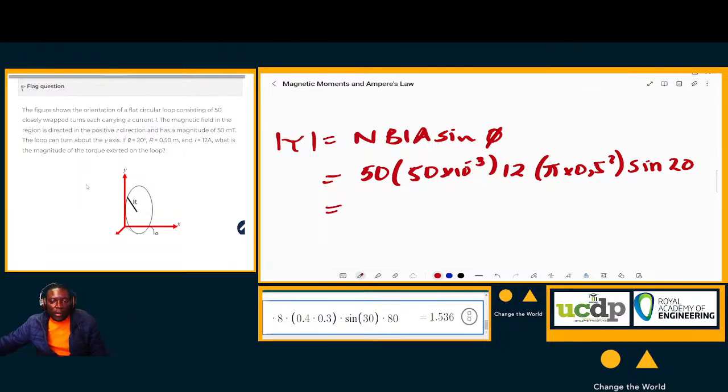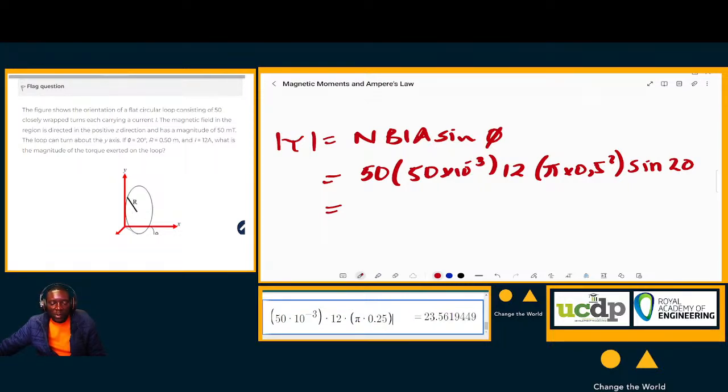And therefore, doing the calculation will give us 50 multiplied by 50 times 10 to the power of -3 Tesla, then multiplied by 12, multiplied by pi times 0.25, which is 0.5 squared.